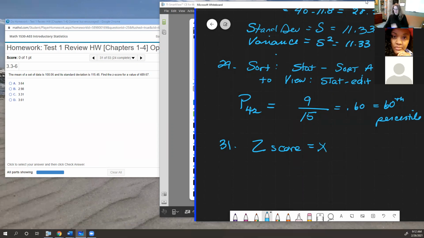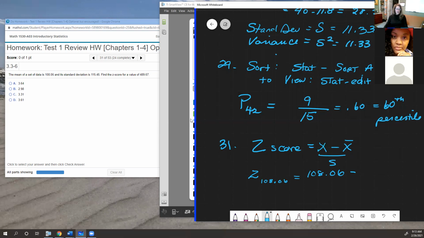The score x minus the mean over the standard deviation. Excellent. Right. So here in this problem, the z-score for that one right there, that 108.06. So we take that value, 108.06, that's our x, and we subtract the mean.